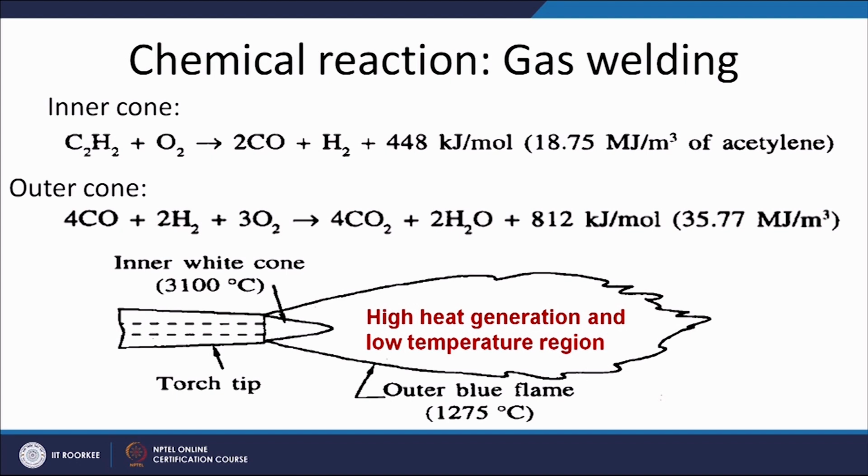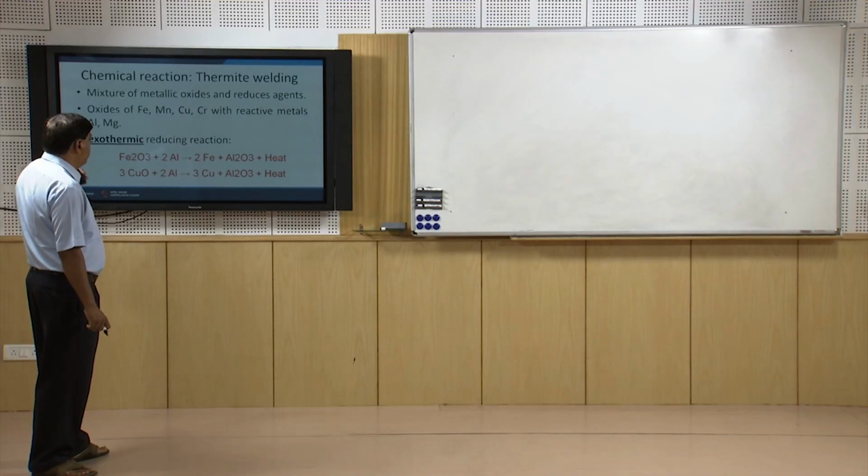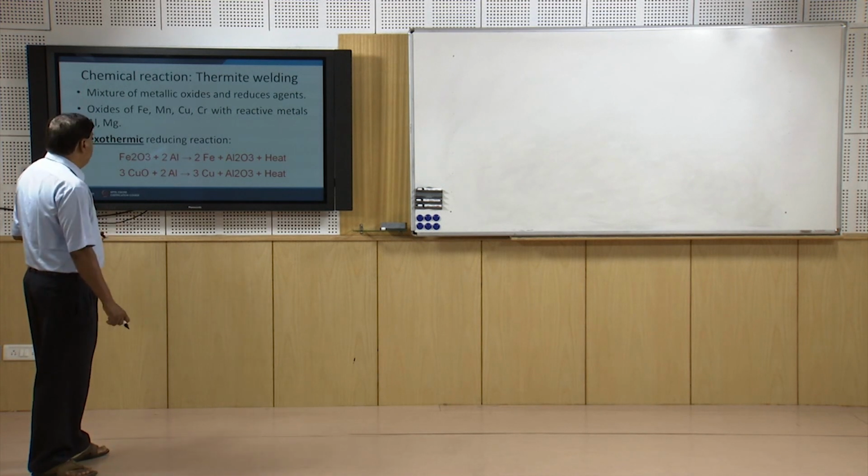The outside region generates a lot more heat compared to the inner cone, but since it is exposed to the atmosphere and the surface area of this flame is very large, despite generating more heat in this zone, the temperature is low and it offers the outer blue flame.